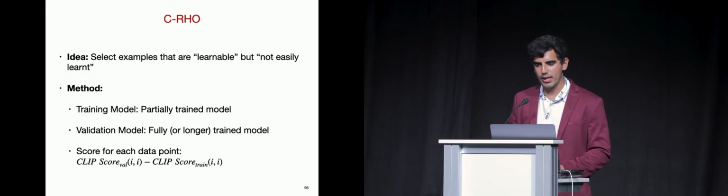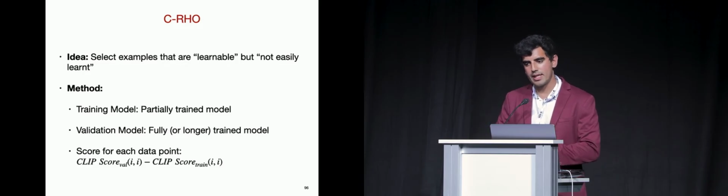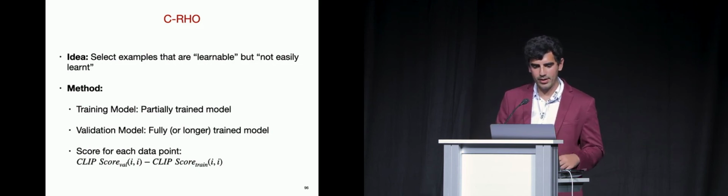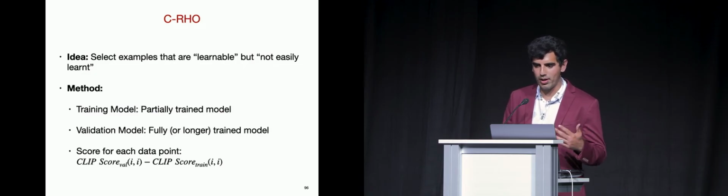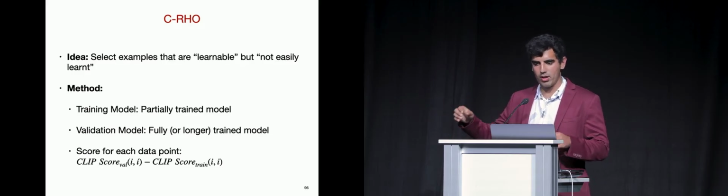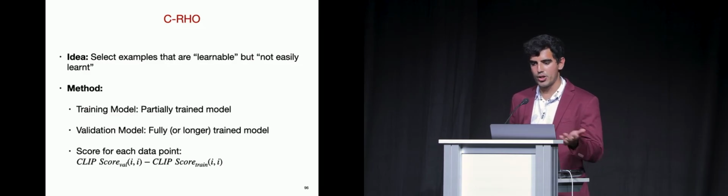And the third baseline we have is called CLIPScore-based RHO. The key idea here is that you want to select examples that are learnable but not easily learned. And the way they do it is that you have some partially trained model, which we'll call the training model, and you have a longer trained model, which we'll call the validation model. And the score for every point is how similar the image caption pair is under the validation model and under the training model.